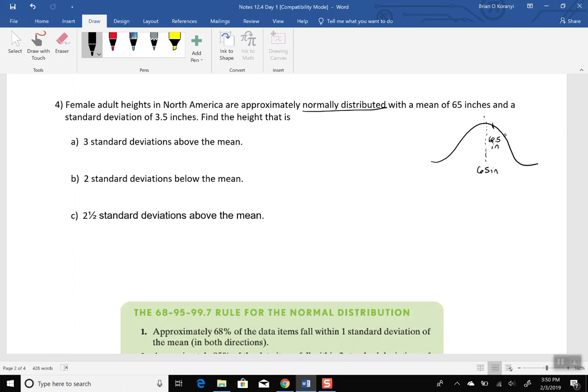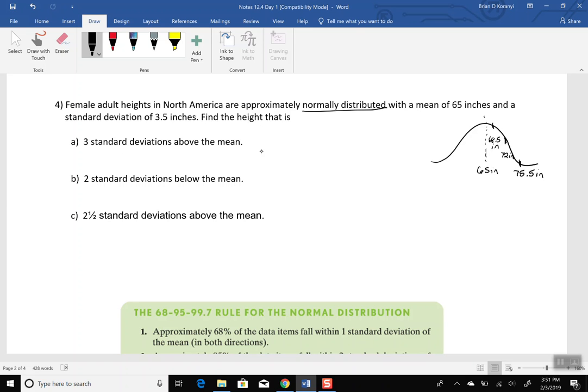Another 3.5 inches would be 72 inches. And then that third deviation, one more deviation of 3.5 inches. So 3.5 for the first one, 3.5 for the second one, another 3.5. That would put you at 75.5 inches. So the height that is 3 standard deviations above the mean is 75.5 inches.